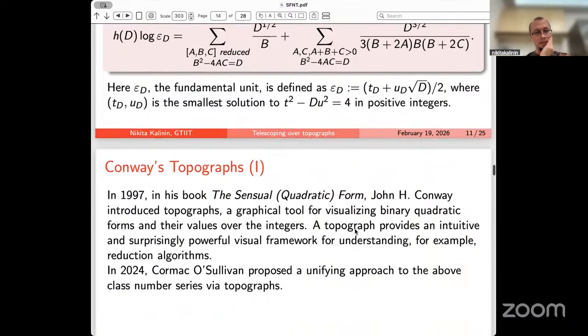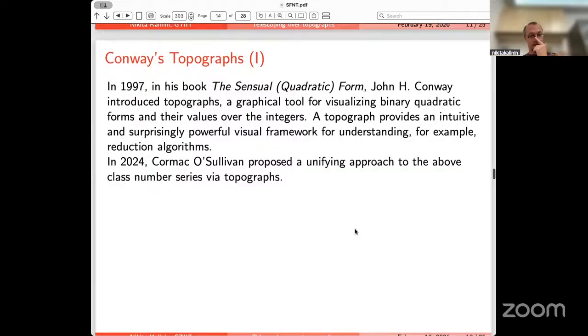Okay, then the story develops, and like 30 years ago, in his book, The Sensual Quadratic Form, Conway introduced topographs. Topographs are a tool for visualizing binary quadratic forms, if you are interested in the values over the integers. So you look for the values at the lattice.